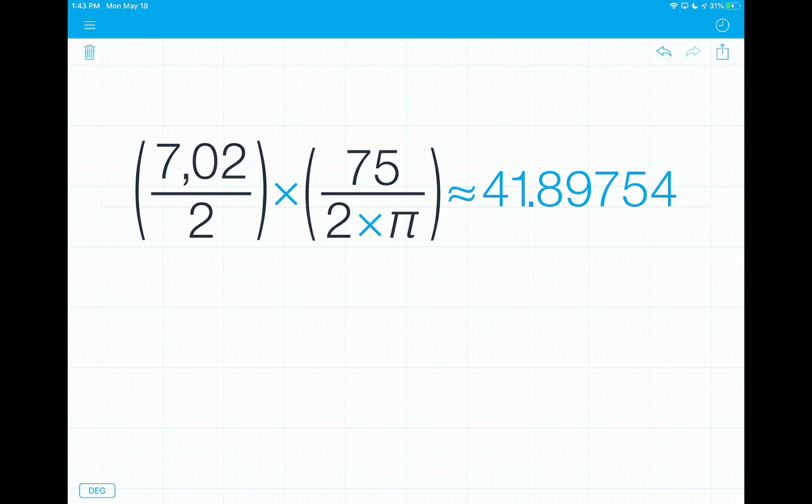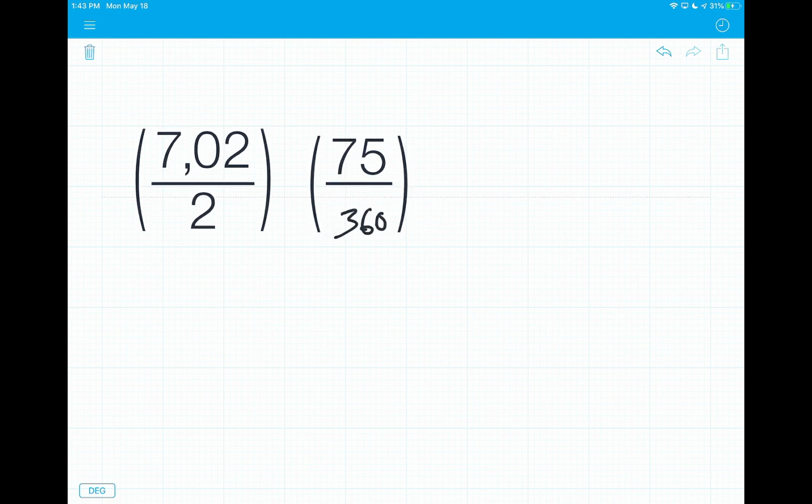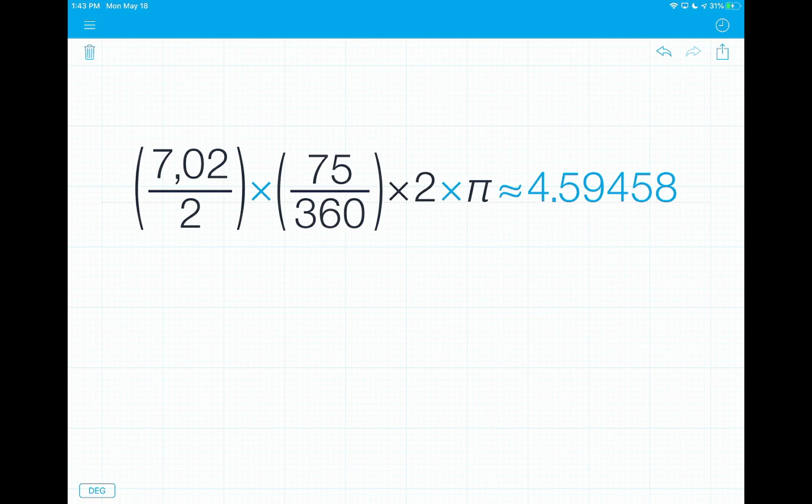No, that's not right. Okay, 75 divided by 360 times 2 pi. There we go, 4.59 millimeters.